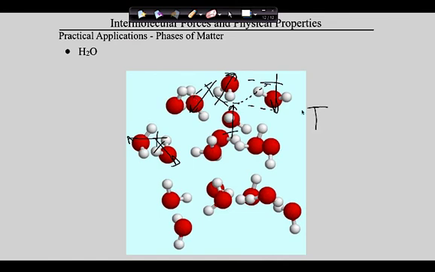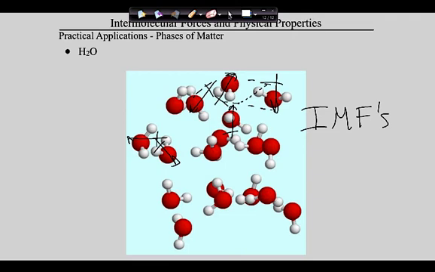And this creates what we call intermolecular forces. These intermolecular forces are not bonds, they're weak attractions, but they're important attractions because they determine the phase of the substance. So you can see that in water, these polar molecules, their dipoles, all attract each other.